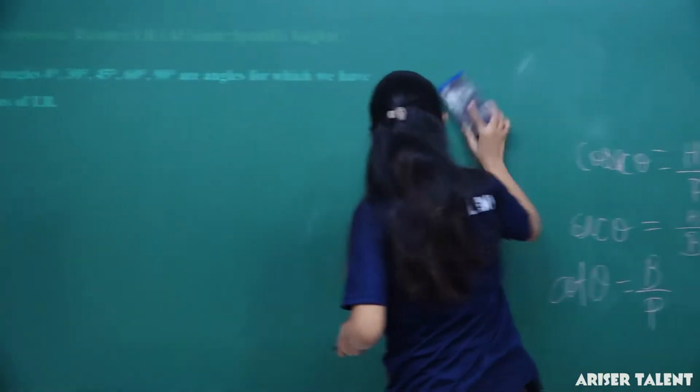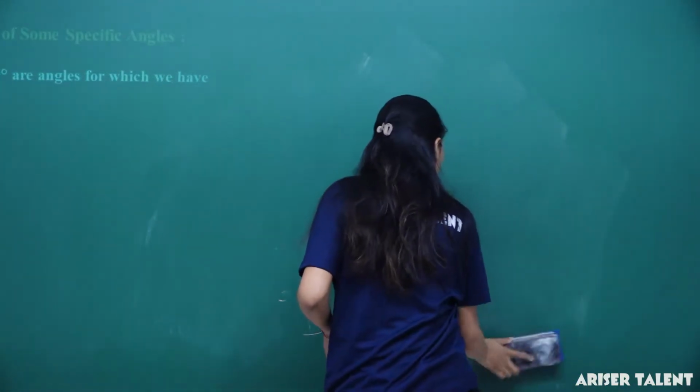So, note the difference between them. Now some specific angles: 0 degree, 30 degree, 45 degree, 60 degree and 90 degree.